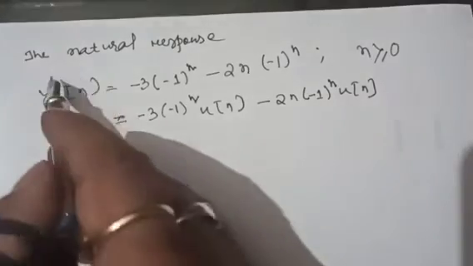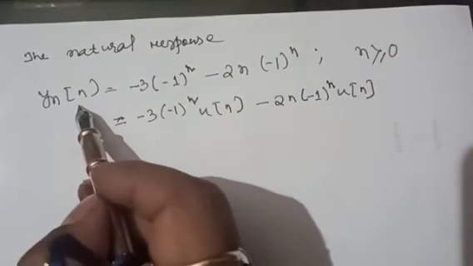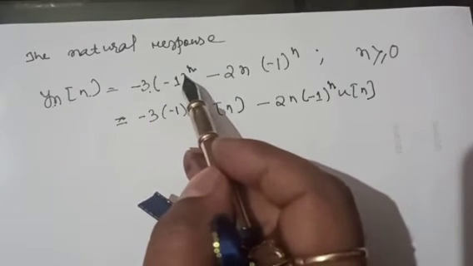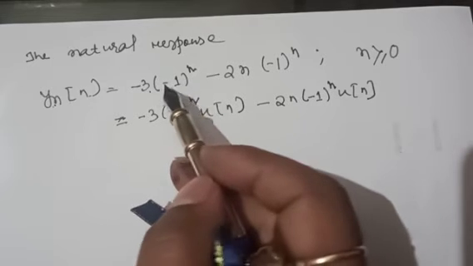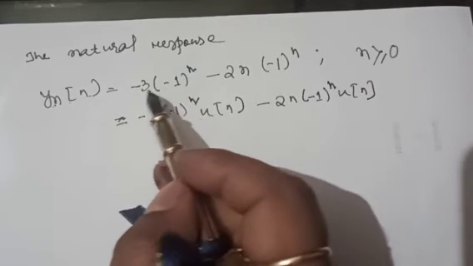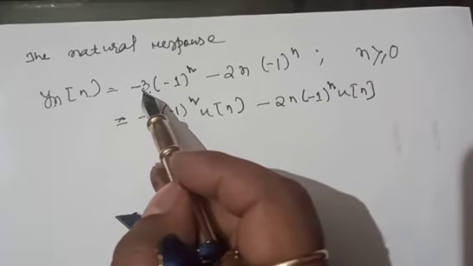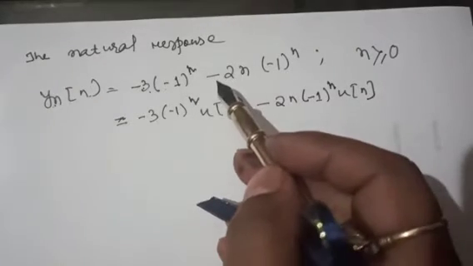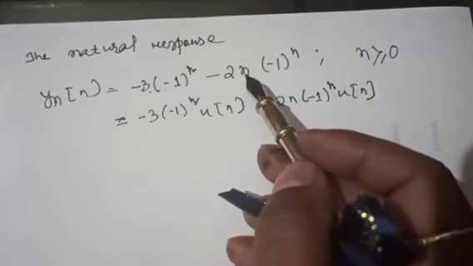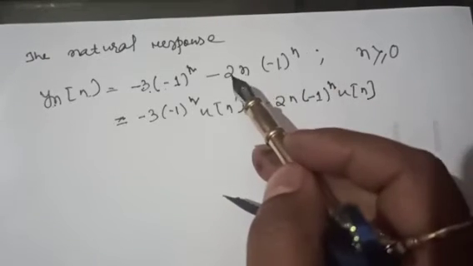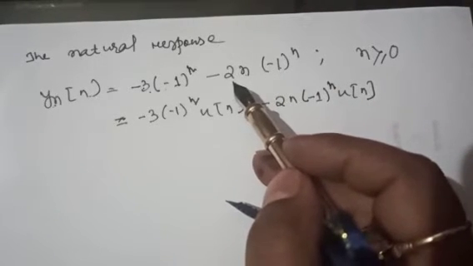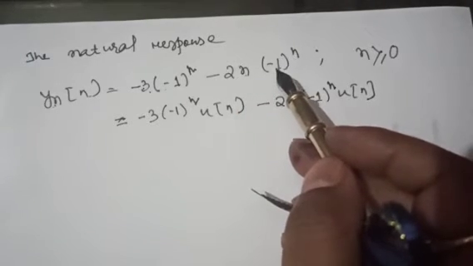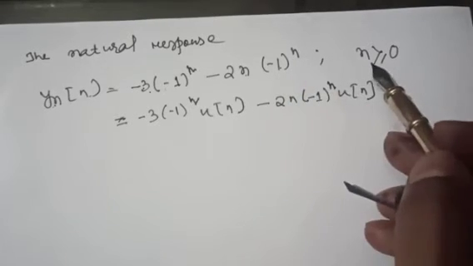So finally your natural response, y n of n, that is n for the natural response, is c1 into lambda 1 to the power n, so c1 is minus 3, lambda 1 is minus 1, to the power n, plus c2 into n into lambda 2 to the power n, so c2 is minus 2 and lambda 2 is also minus 1, so minus 2 n into minus 1 to the power n, for n greater than or equal to 0.